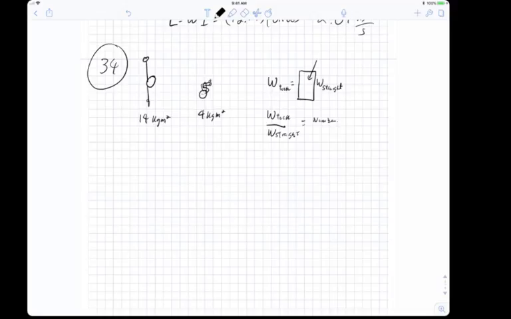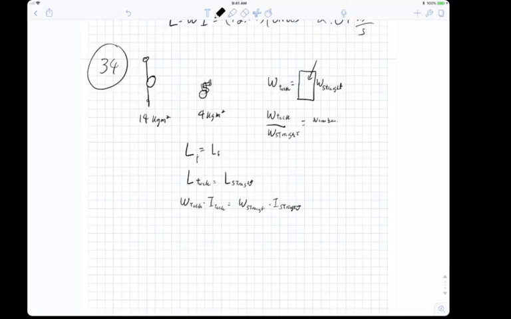Well, it's fun. This is an angular momentum question. Angular momentum is conserved. So the angular momentum when it's tucked is the same as the angular momentum when it's straight. That means omega tuck times I tuck is equal to omega straight times I straight.